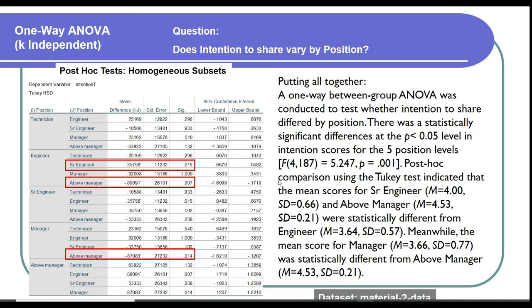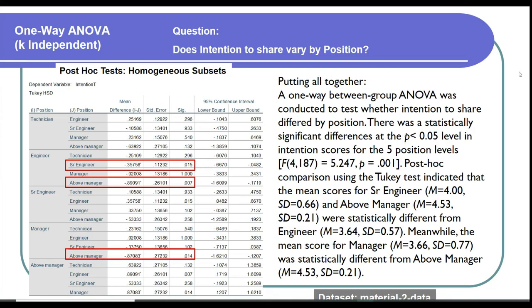That's why we run ANOVA, right? So the significant value over here is between engineer and senior engineer, meaning that the mean value between engineer and senior engineer is significantly different. Also between engineer and above manager, and also between manager and above manager.